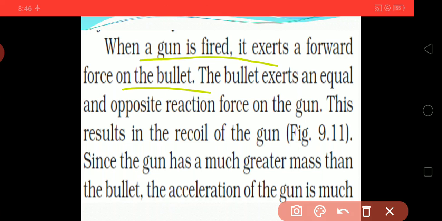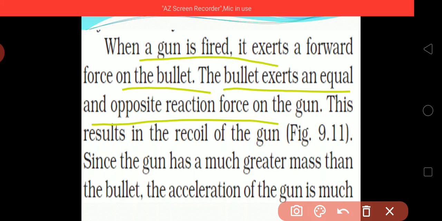In the same way, the bullet exerts an equal and opposite reaction force on the gun. When we fire a bullet from the gun, the bullet will go forward, but we can feel some jerk on the hand.